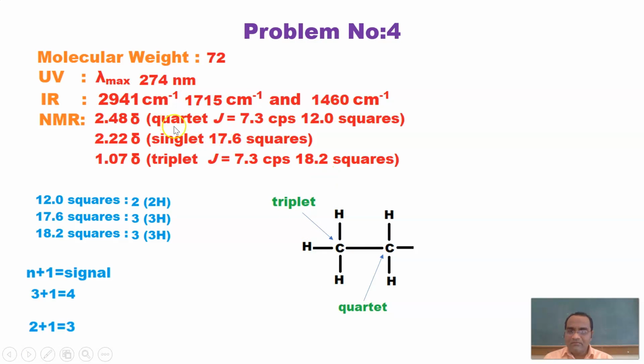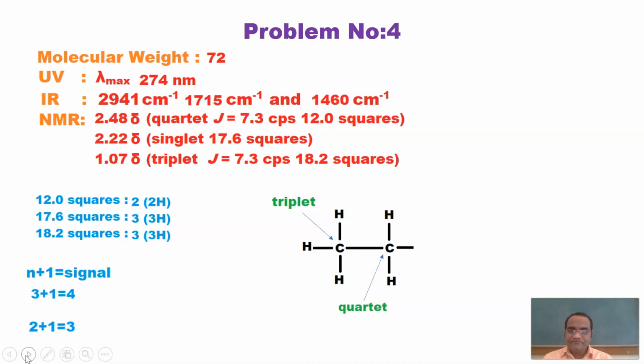Right? So from this the number of squares has been understood, and from that we have calculated the number of hydrogens. The quartet itself has 2, but the adjacent one has 3, so from this quartet signal also we come to understand.